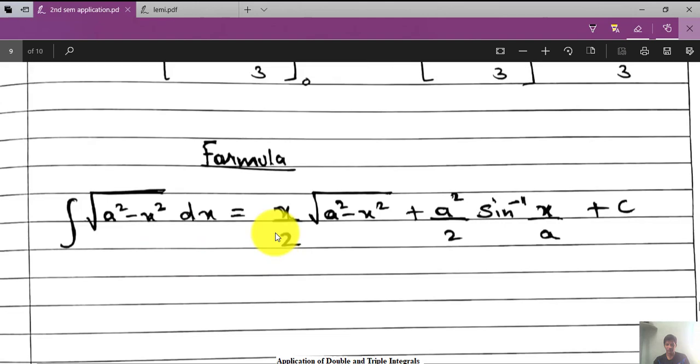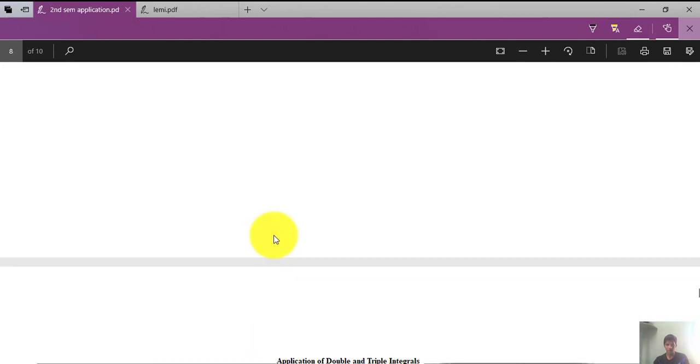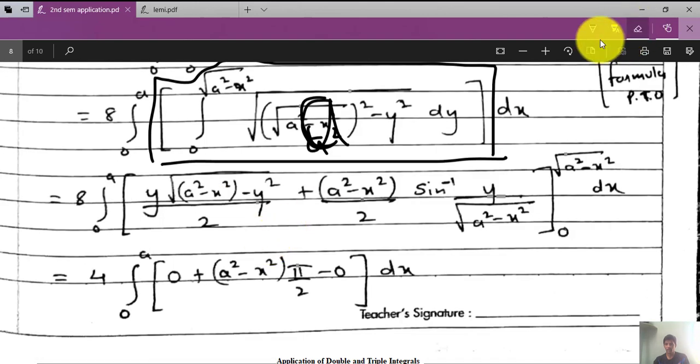Here the independent variable is x, and in our problem it is y. So please make a note, don't confuse yourself. Since it is an indefinite integral there, but here it is a definite integral, I do not take plus c. So it is y by 2 square root of a square minus x square minus y square plus a square minus x square by 2 sine inverse of y divided by square root of a square minus x square, over the limit 0 to square root of a square minus x square.